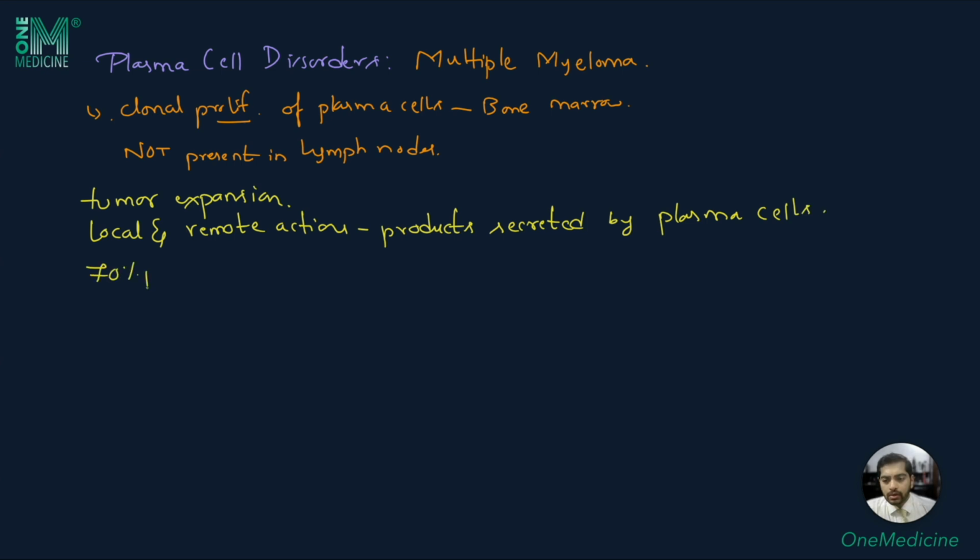About 70% of the patients have bone pain in the form of back pain or ribs that are painful. This classically increases on movement.